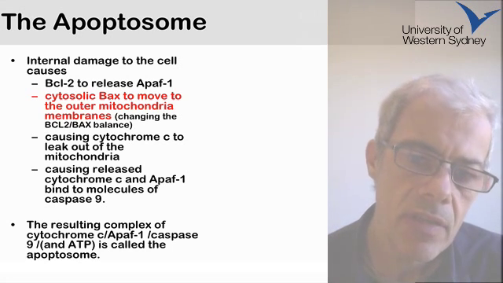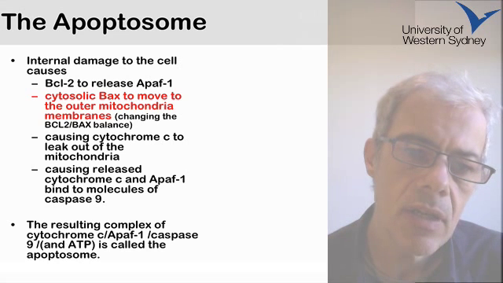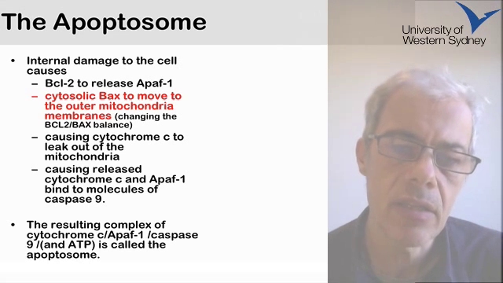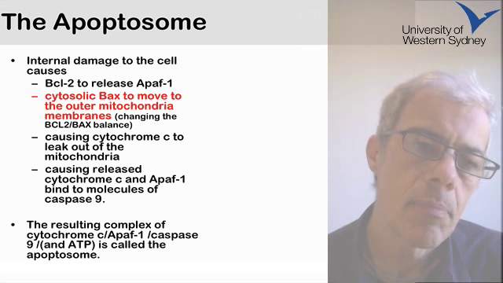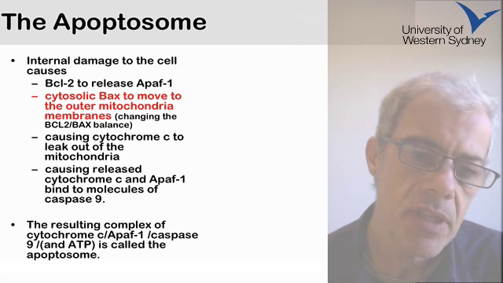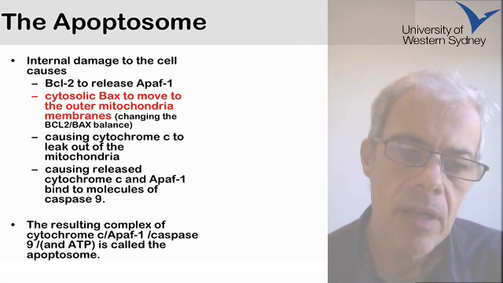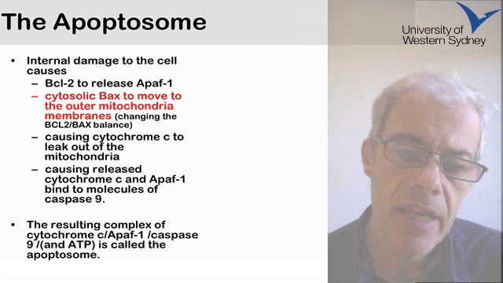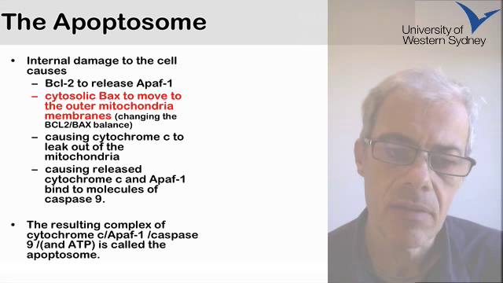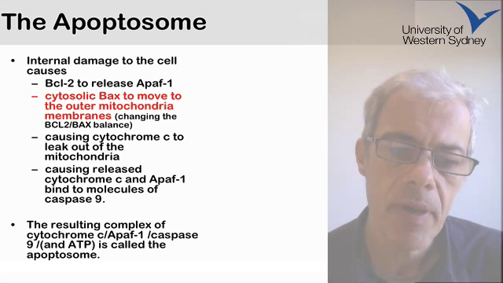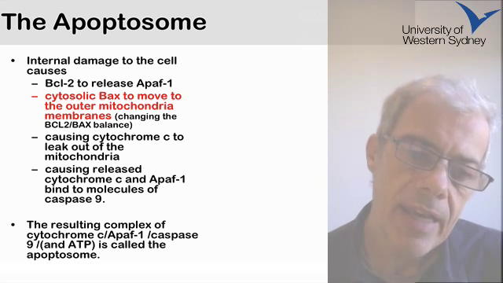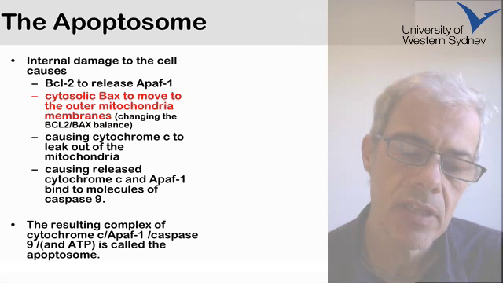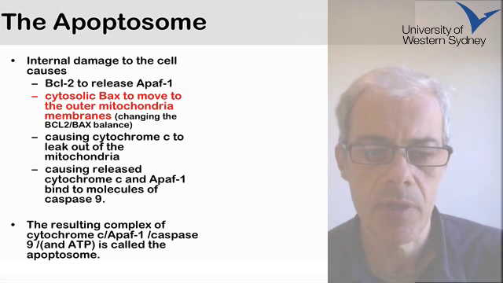This triggers the release of cytochrome C to leak out of the mitochondria into the cytosol, and the combined effect of cytochrome C and the APAF then cause caspase 9, which is one of the initiator caspases, to become active. So the initiator caspase then causes a cascade of caspase activity and therefore apoptosis.